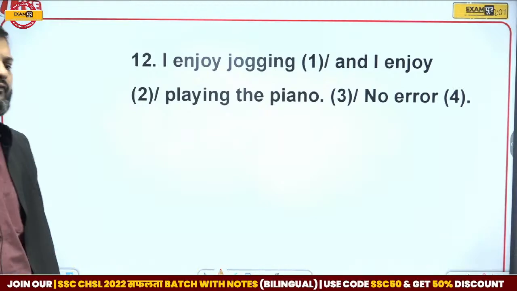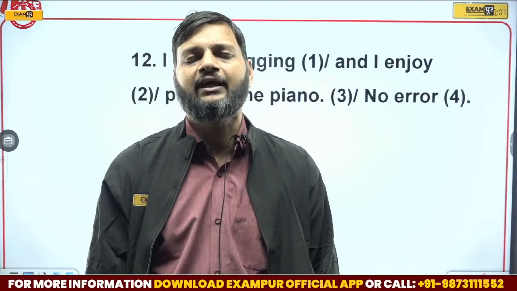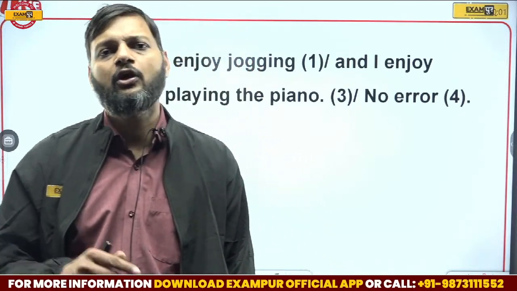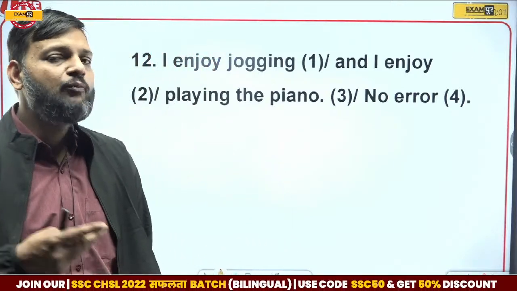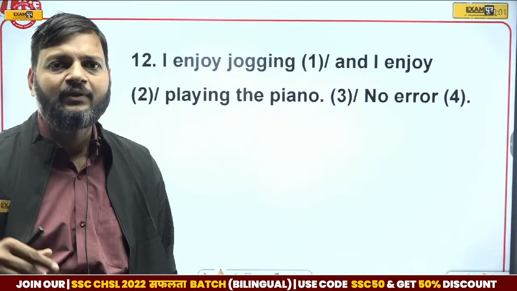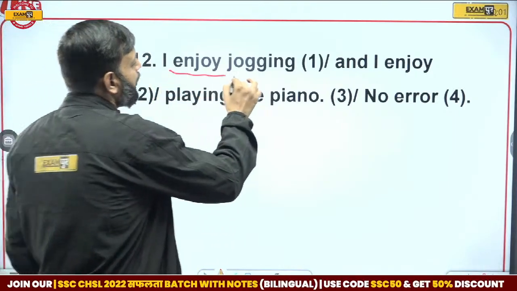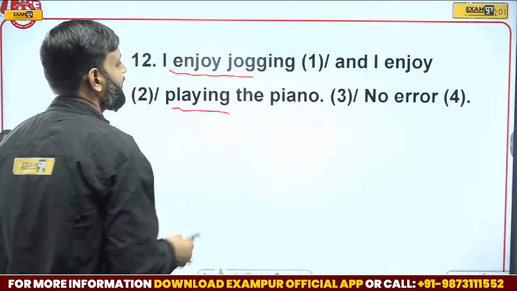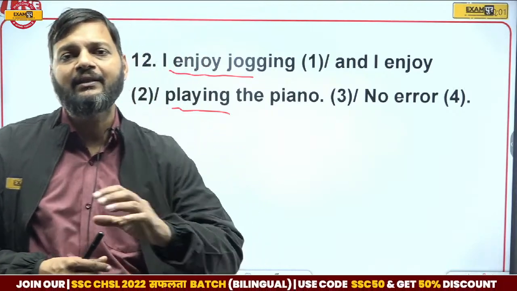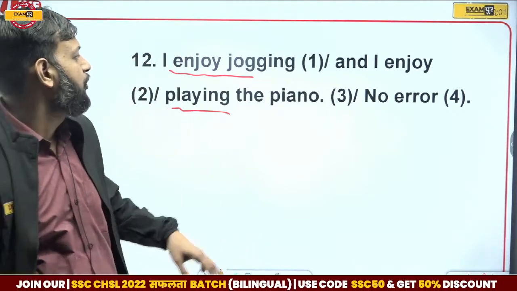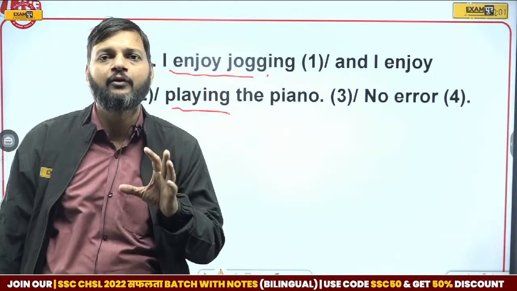See, we all know that repetition of words is not allowed in the English language. We do not repeat a verb unnecessarily. If both the clauses have the same verb, we do not need to repeat it. For example, here: I enjoy jogging and I enjoy playing. The verb enjoy has been repeated unnecessarily, because for jogging and playing, both the objects have the same verb, that is enjoy.